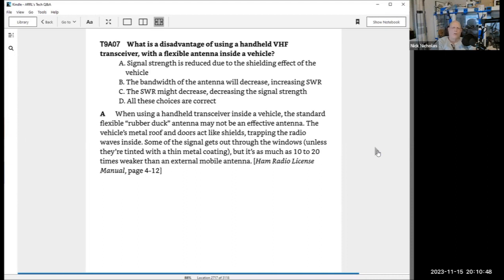You're wrapping it with a metal shield all the way around the antenna, and the only way you get out is through the windows in the vehicle. So the top and the front and most of the back isn't letting things through. So the answer is A. The strength is reduced because of the shield effect of the vehicle.